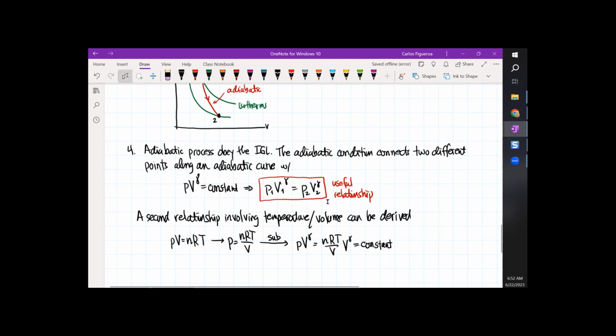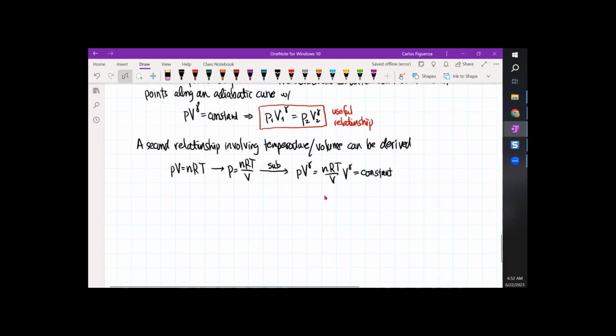Now I can rewrite this. I can see here that I can have TV to the gamma minus 1, and then I'm going to have a constant, which is then going to be divided by nR, but I'm just going to define this as a different constant, but I'm still going to call it a constant.